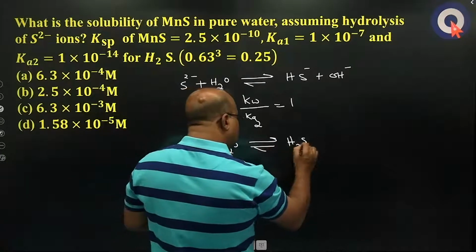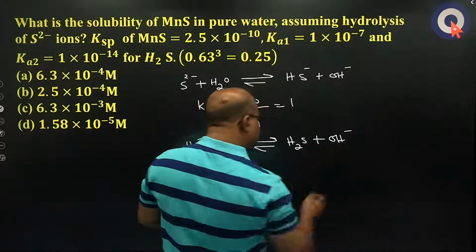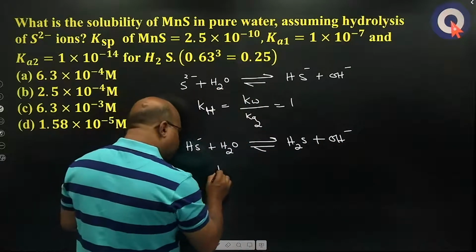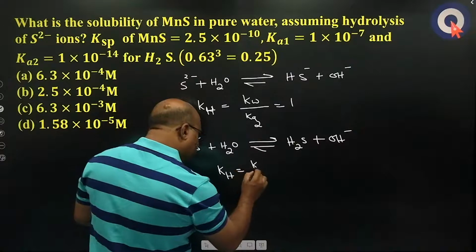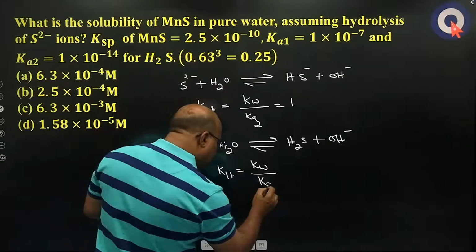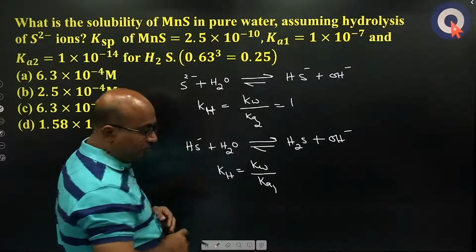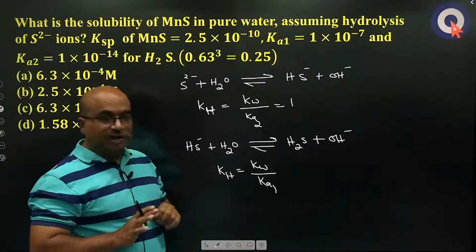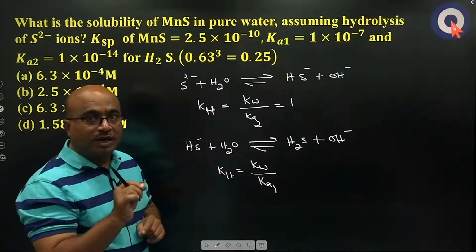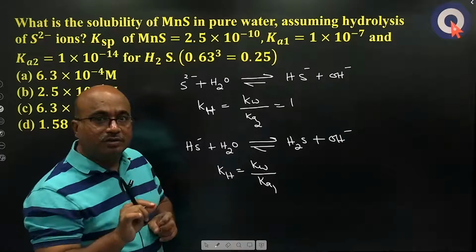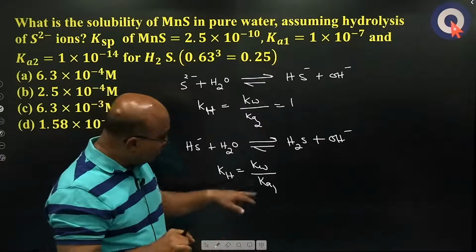H2S and OH minus. So when we consider the Kh for this, that will be again Kw by Ka1 in this case, because where you are getting the HS minus is important. That particular ion is coming from a particular ionization, that K value comes in the denominator.